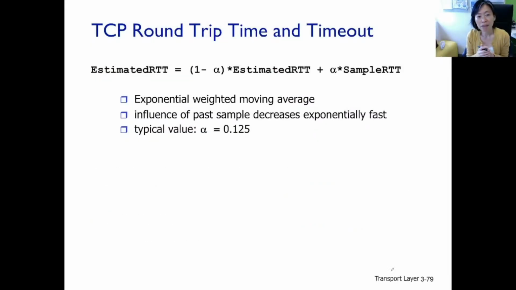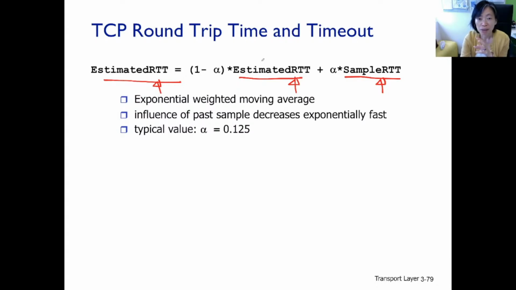What Polly brings up here is essentially the line of code in TCP's implementation estimating the smoothed RTT. The EstimatedRTT variable refers to the smoothed RTT. The next smoothed RTT is a weighted sum of the current smoothed RTT and the current sample RTT.